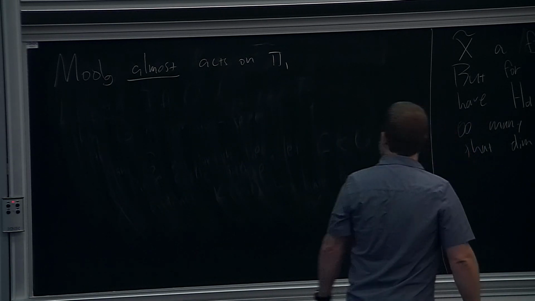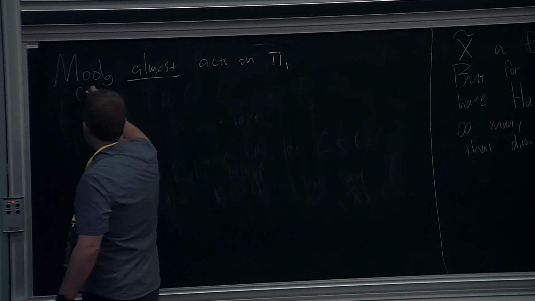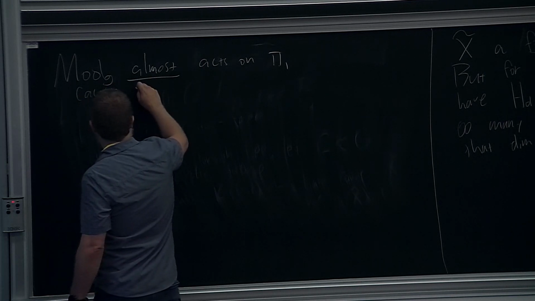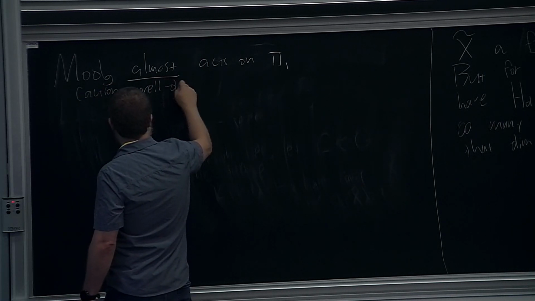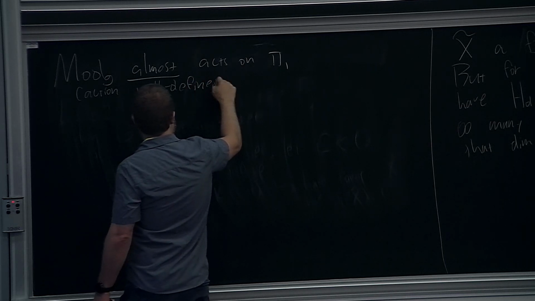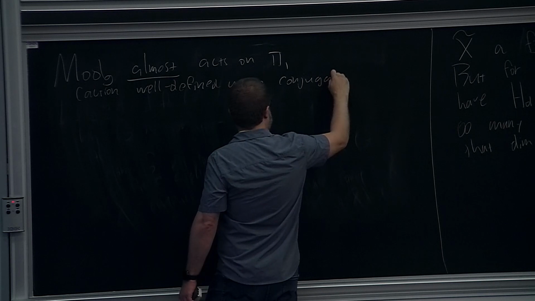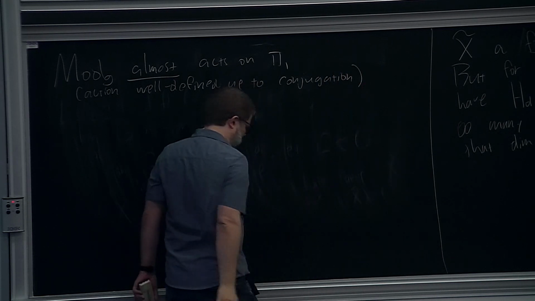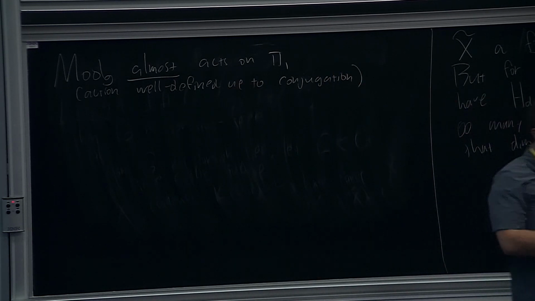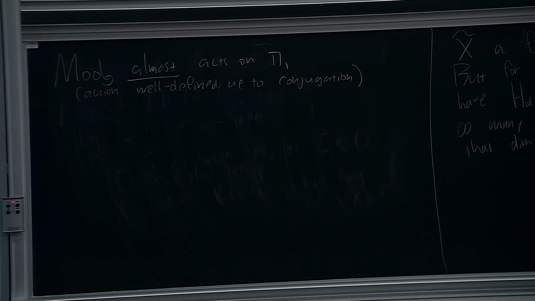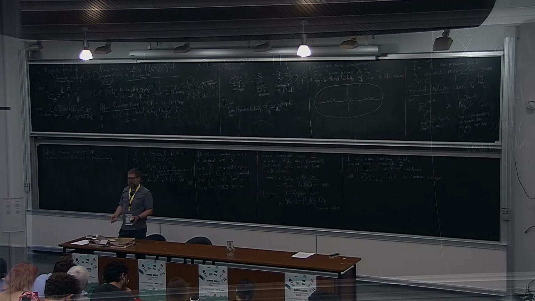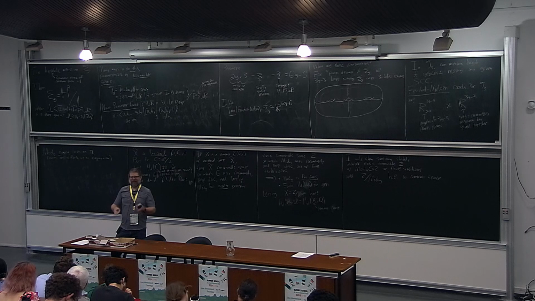So the action is only well defined up to conjugation due to base point issues. You often say that it has an outer action on pi 1. An action is a homomorphism to automorphisms modulo inner automorphisms, modulo conjugation.